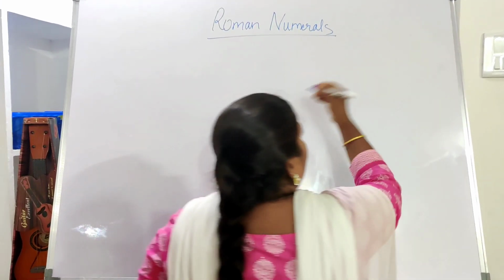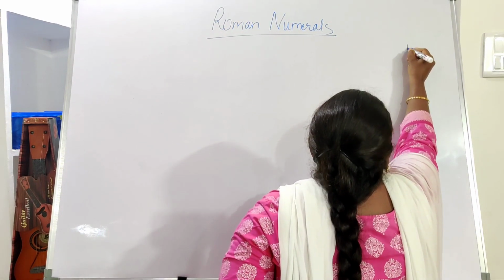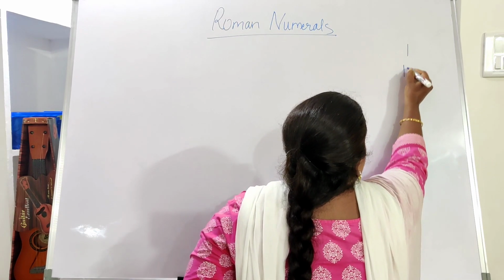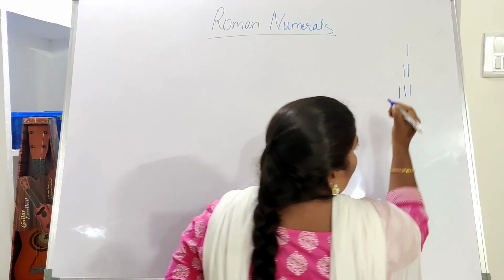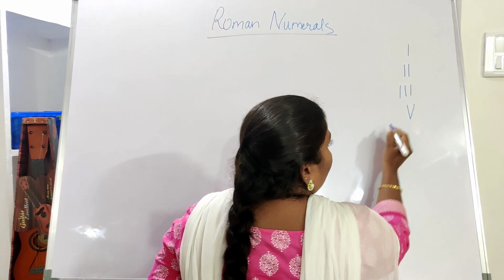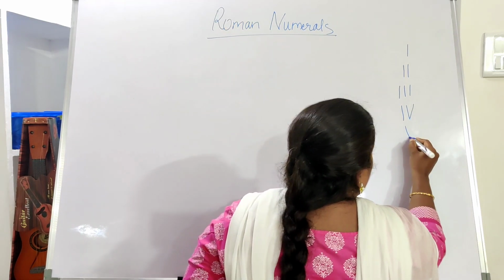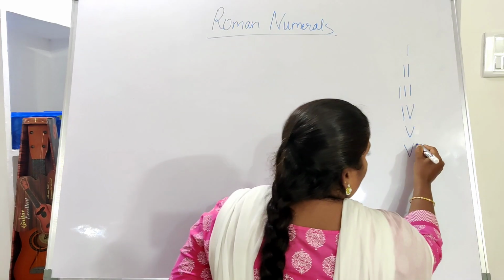So let me write numbers using Roman numerals. This is 1. If I want to write 2, I am going to repeat the I 2 times. 3, you need to repeat it 3 times. Now 4. So V, I want to subtract 1, so you have to write I on the left side. 5. Now 6, 5 plus 1, so write it down here.